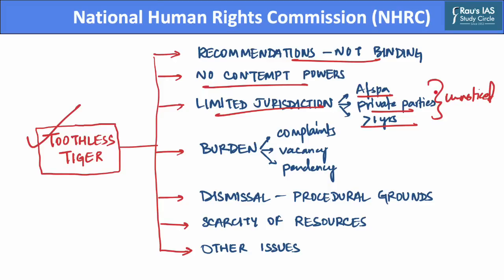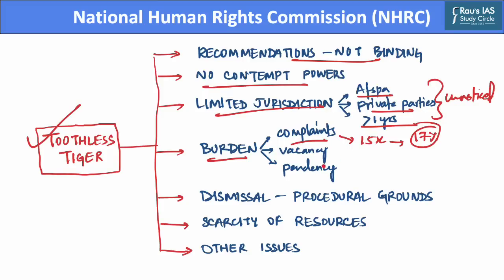Further, NHRC suffers from many burdens. The NHRC is currently deluged with too many complaints, as there has been about a 15 times increase in the number of complaints. However, the 15 times increase in complaints is dealt with by a commission which has 17% vacancies.